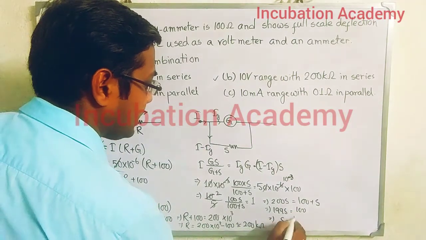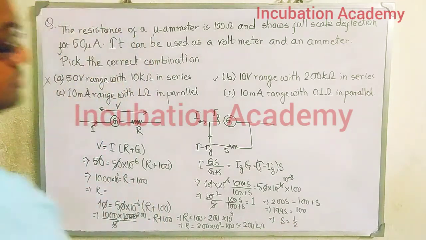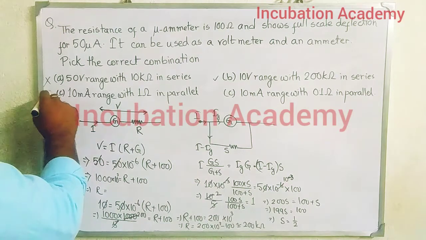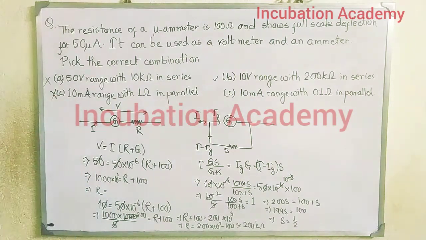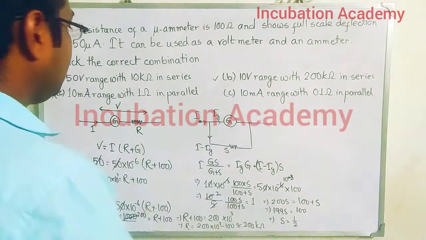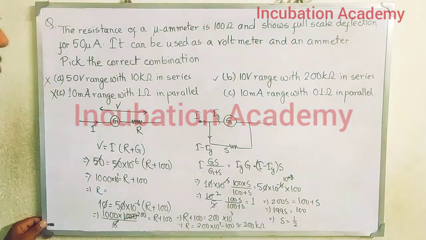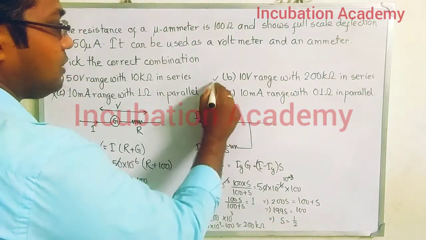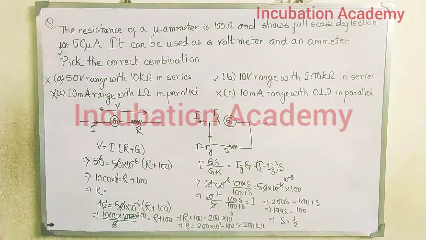So S is approximately 1 by 2, that is 0.5 ohm. So 1 ohm is not correct; we need 0.5 ohm in parallel with it. Checking the last option, 10 milliampere range with 0.1 ohm, no, 0.1 ohm is not right, it is 0.5 ohm. So option B is the correct answer. Thank you all of you.